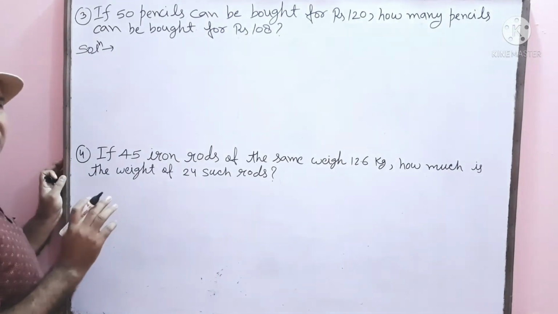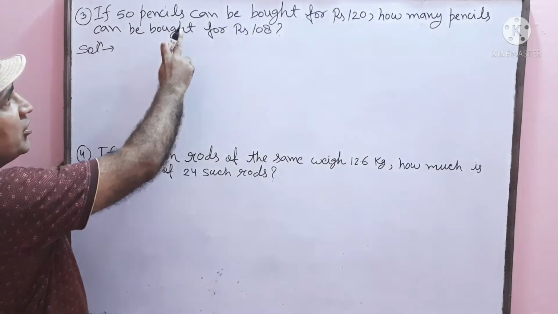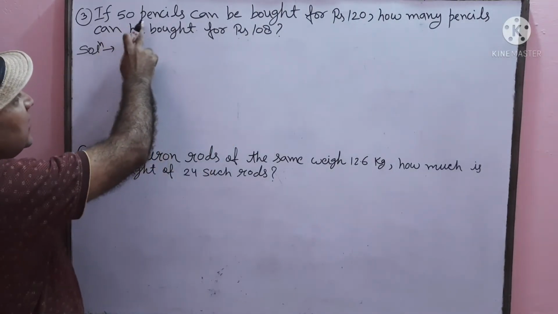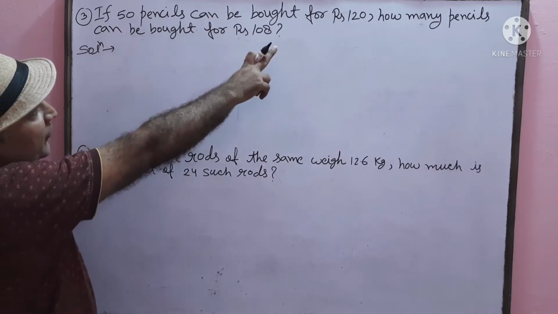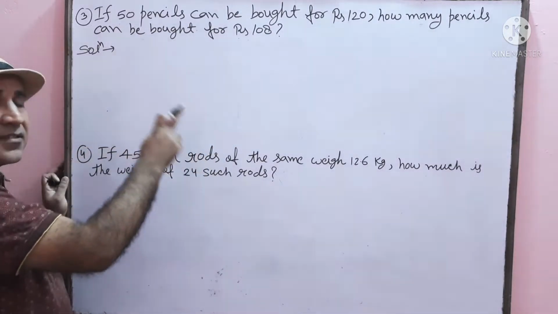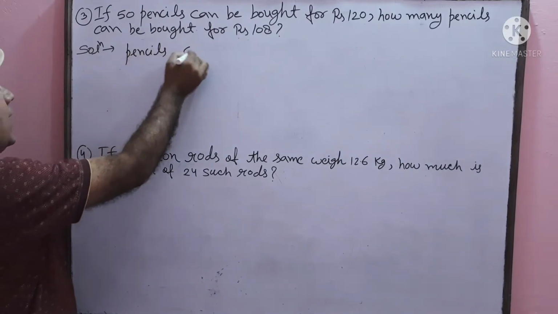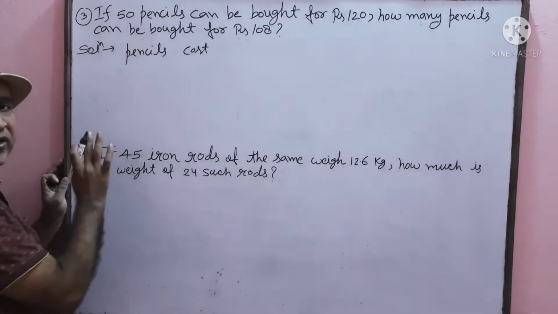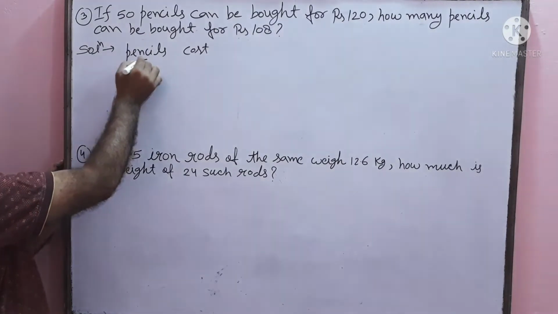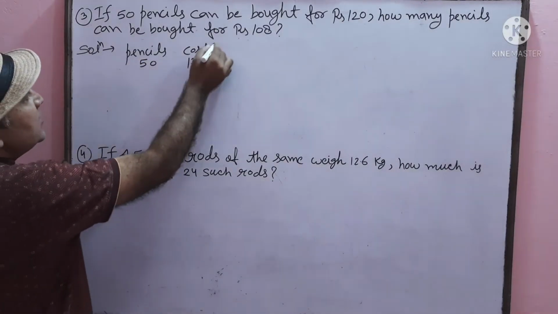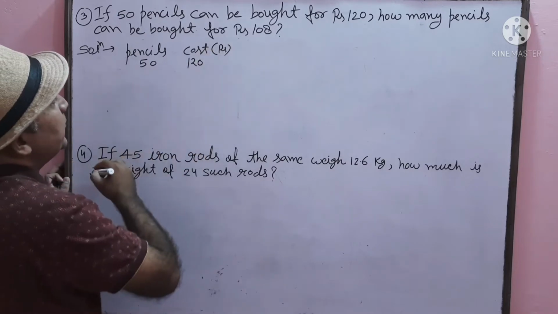What is the direct variation method? First, we see how many terms are there. You can see that 50 pencils for rupees 120 means pencils and cost. Two quantities are there. When there are 50 pencils, then cost is rupees 120.